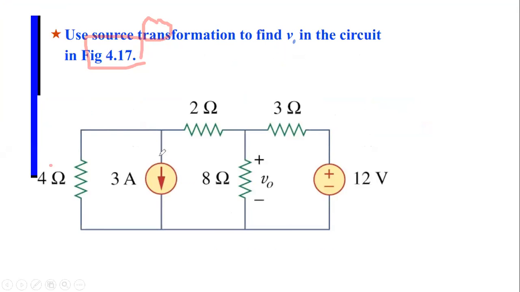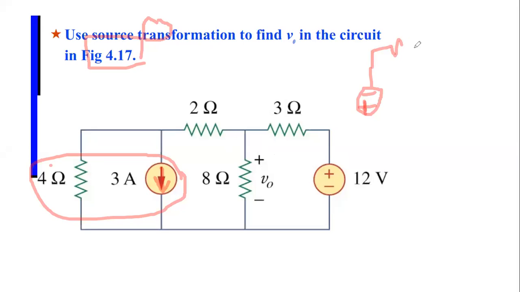It will be drawn with plus here and minus here, because the arrow is going down, and the arrow direction will be in accordance with the plus sign. So both should match.